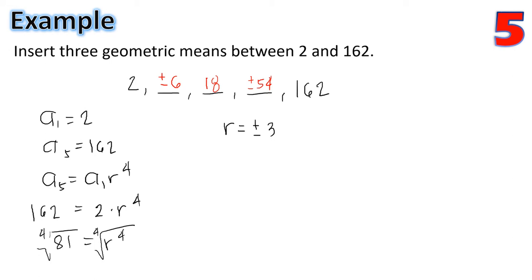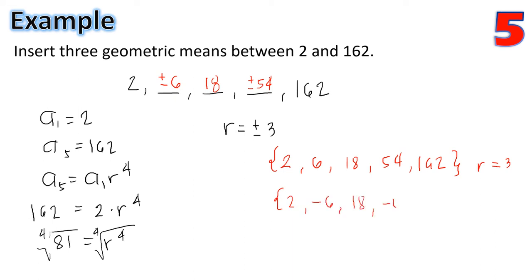The first one has terms 2, 6, 18, 54, and 162. This is where the common ratio is positive 3. The other one is 2, negative 6, 18, negative 54, and 162.